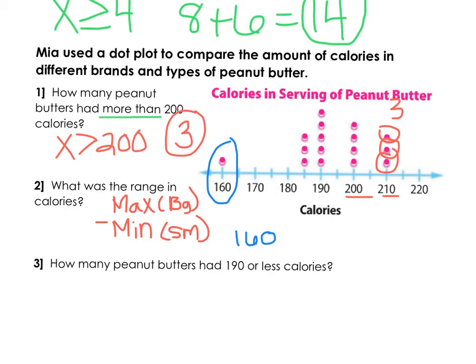Now, 220 is on the number line, but there's no data at 220, so it is not my maximum. The maximum is 210 because that is the greatest spot where you actually see data.